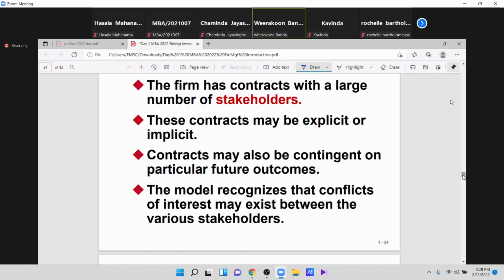For example, in some particular case, if the company wants to increase their price, the managers may think that through the increase in the product prices, they can earn some profit, earn some value.